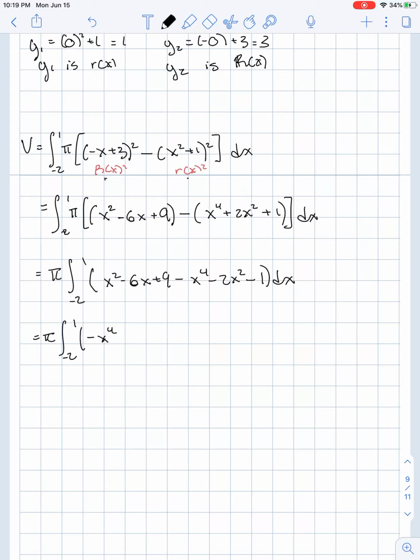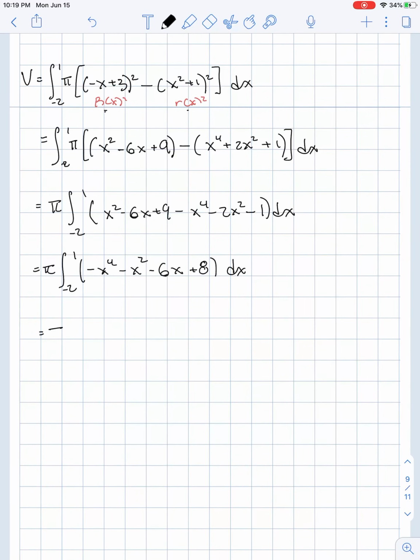So let's do minus x to the 4th, minus x squared minus 2x squared, minus 6x plus 8. Cool.